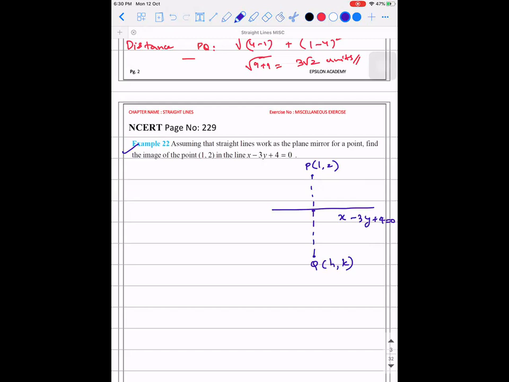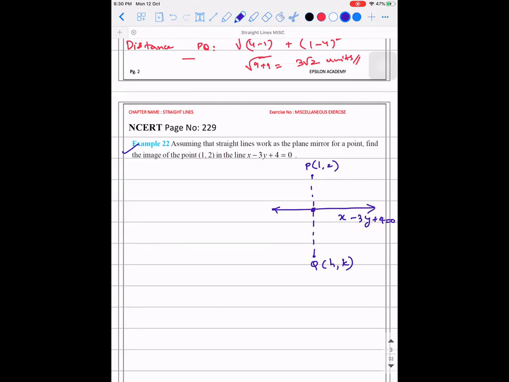So there is a meaning of image. Before we solve this, do you guys remember how we found the foot of the perpendicular for a problem? How are these two lines, the line PQ and the given line x minus 3y plus 4, with respect to each other? They are perpendicular, that's right.